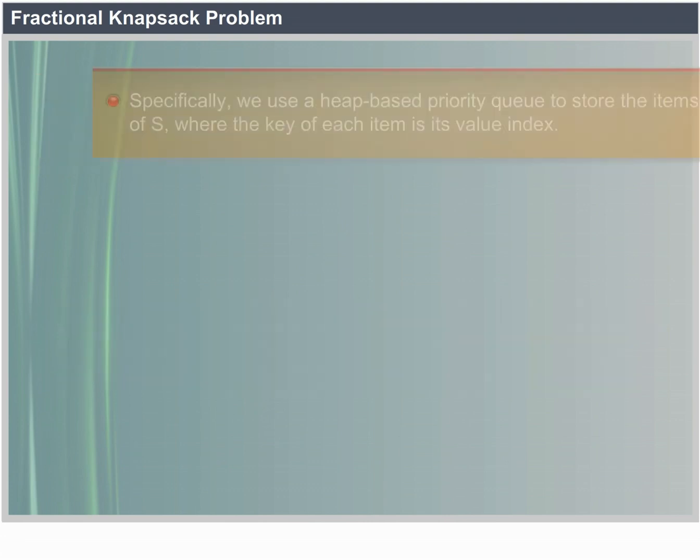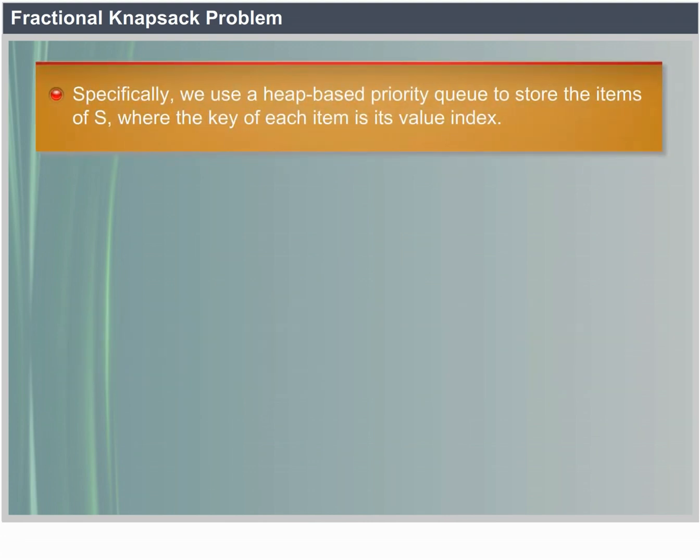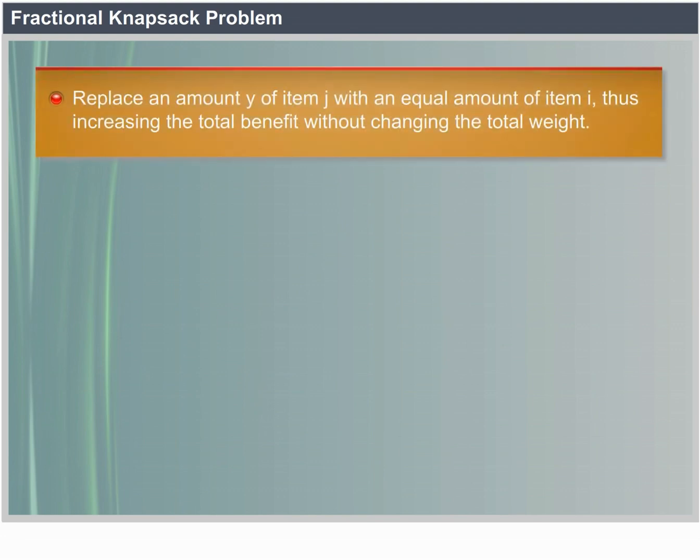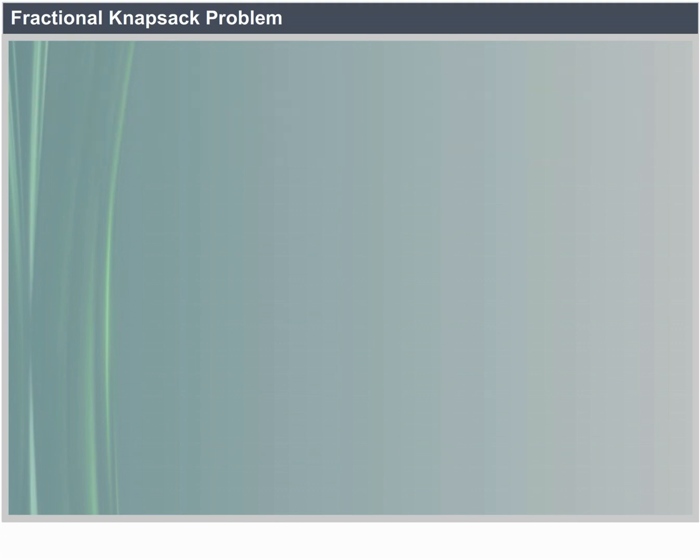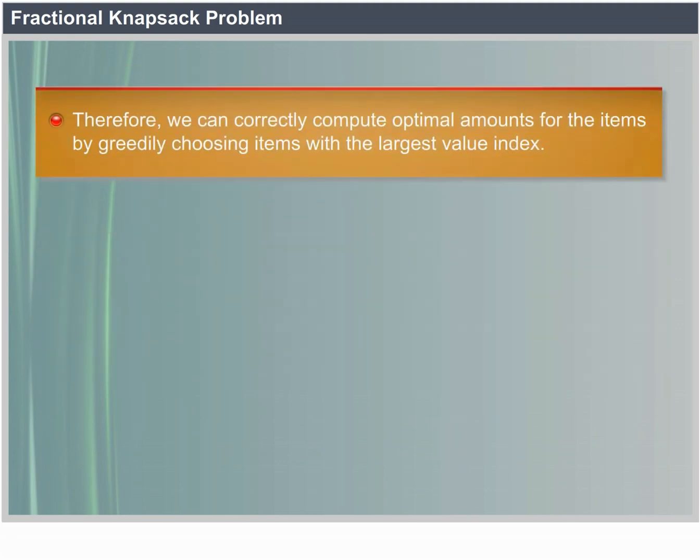Let y equal min of (w_i - x_i, x_j). Replace an amount y of item j with an equal amount of item i, thus increasing the total benefit without changing the total weight. Therefore, we can correctly compute optimal amounts for the items by greedily choosing items with the largest value index.